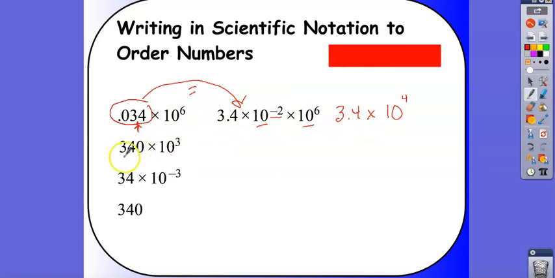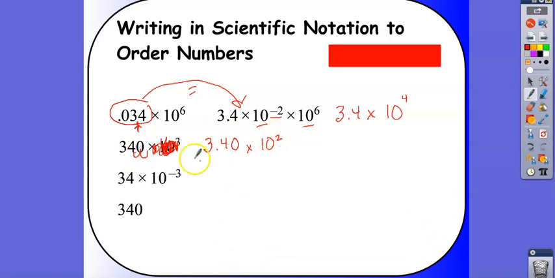Let's try it on this one. I have 340. So I'm just going to totally ignore this, and I'm going to write 3.4 in scientific notation. Miss Webb, you told us the decimal place has to go there. And since I'm going from a small number to a bigger number because it needs to be equal to 340, I moved my decimal place from here, 1, 2.